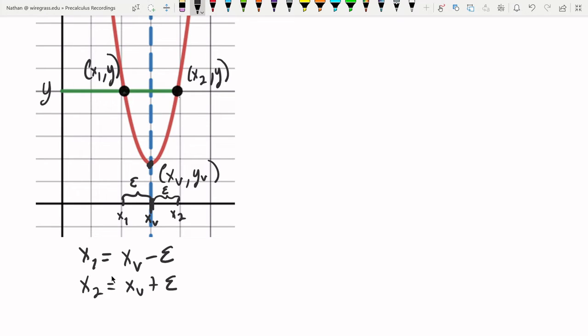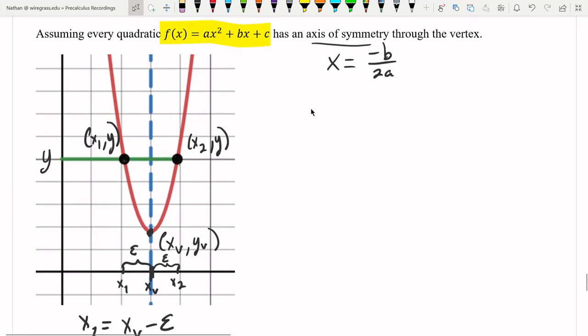And because it's symmetric, if I go the same distance to the left as to the right, and I go up to the function, I get the same value because of that axis of symmetry. That's what it means. So this function, of course, is just f of x.